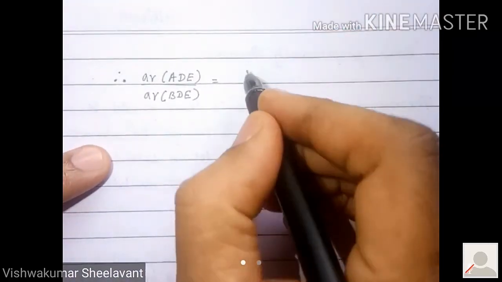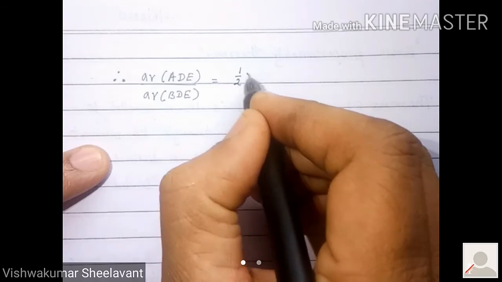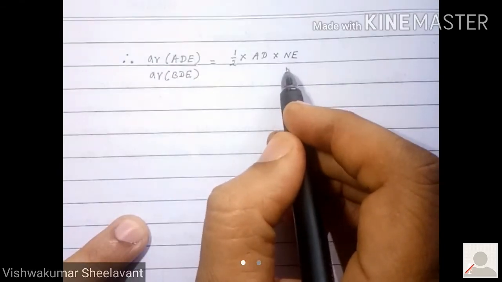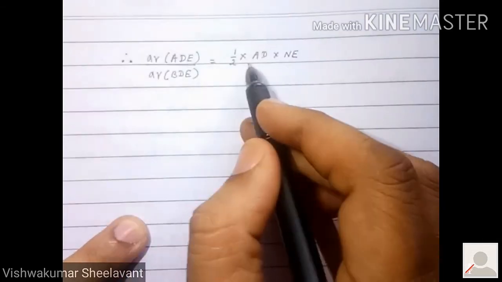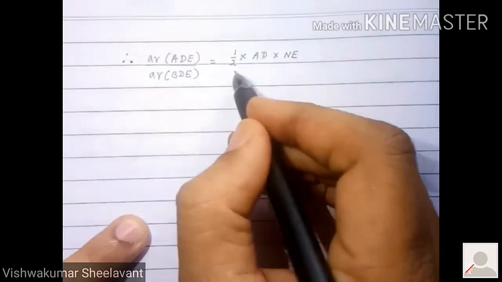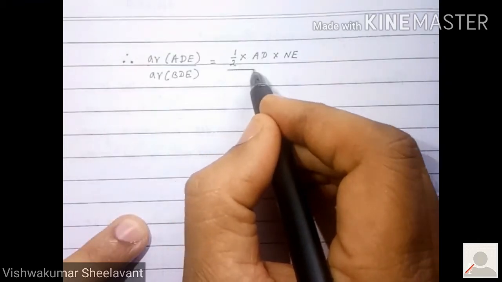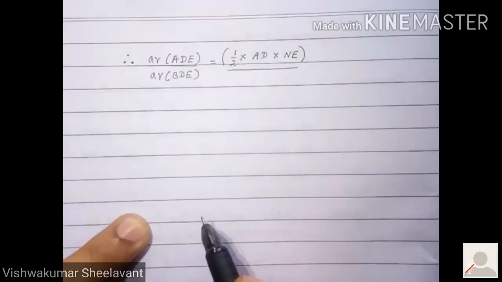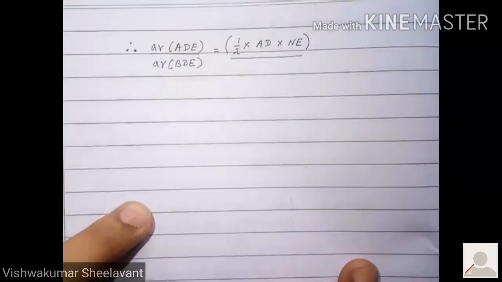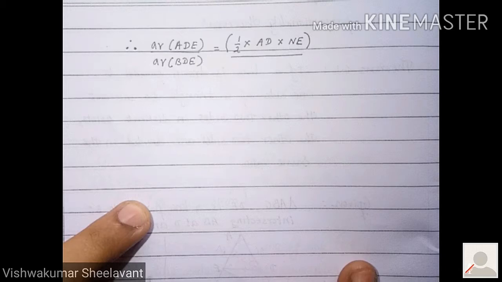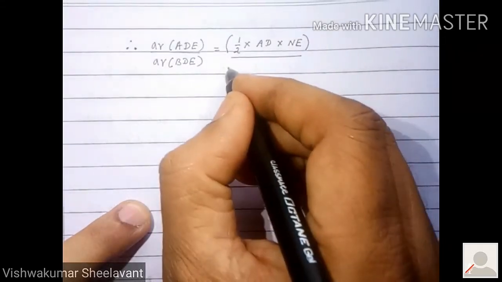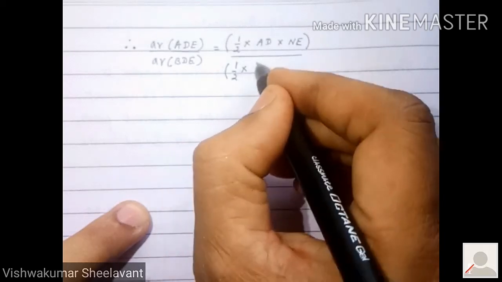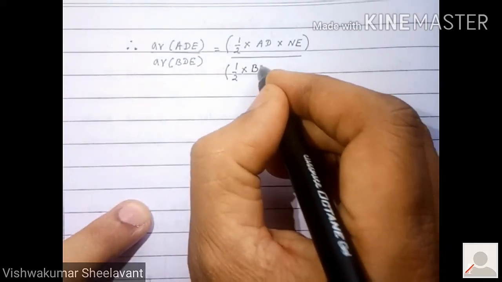So what do you get here? Half into 2 AD into NE as area of triangle ADE. Now what is the area of triangle BDE?